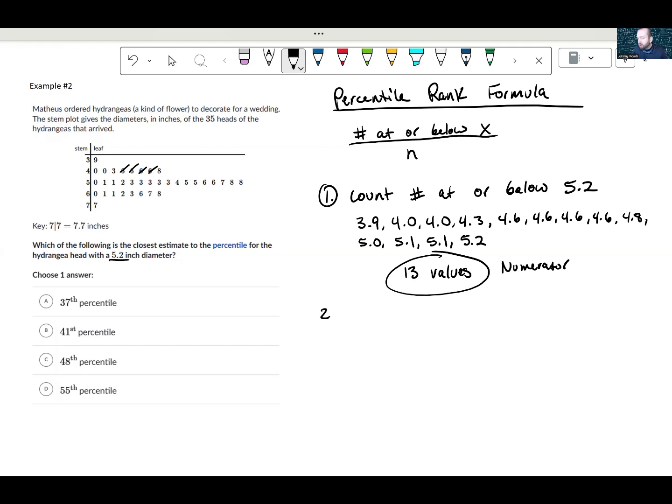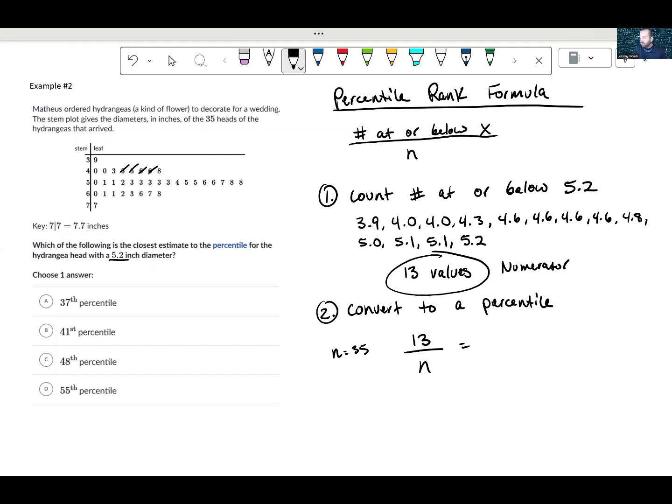Now the second step, we're going to convert to a percentile. Okay, again, we're going to use the percentile rank formula to do that. So we're just going to say 13 is our numerator over n. And there's 35 total values in this data set. N is equal to 35.